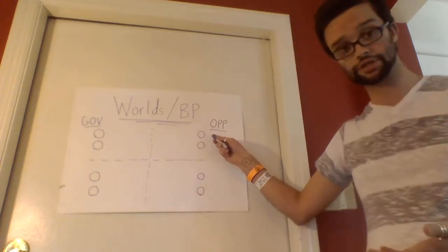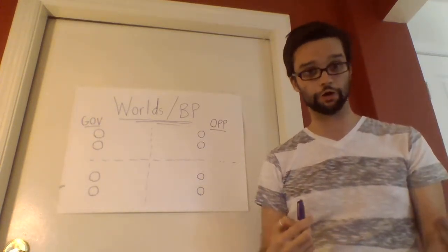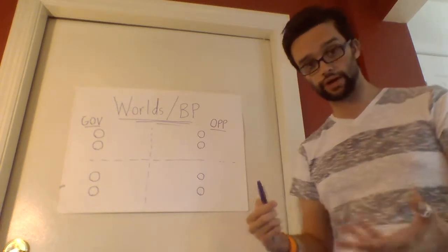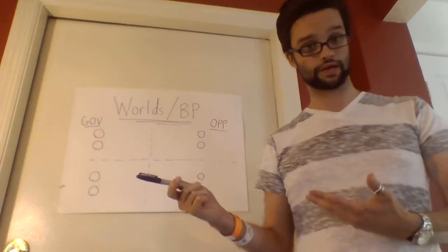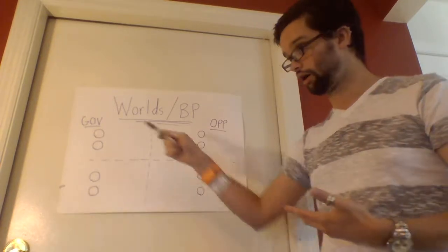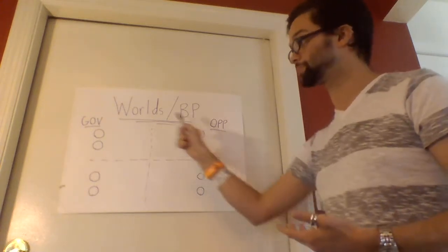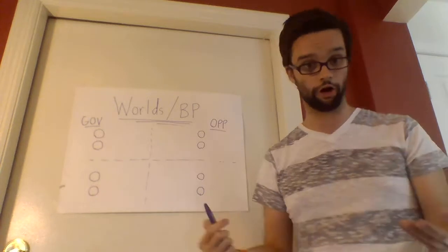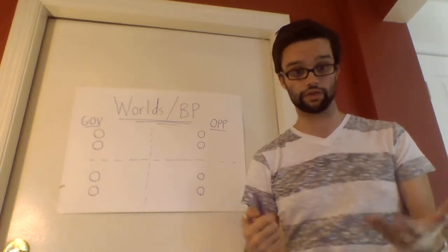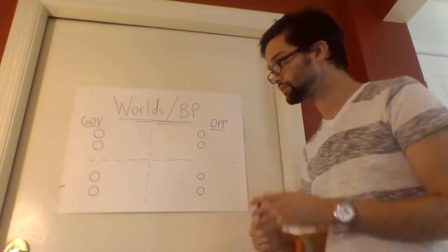And if you're on the opposition side, you're going to be arguing, well, no, this shouldn't happen, for whatever your own reasons are. So the way a World's Debate works is that these speakers give their 7-minute speeches one by one, alternating sides. So you'll have government speech, opposition speech, government speech, opposition speech, all the way down the line until all 8 debaters have given their 7-minute speeches. So it ends up being about an hour in total.